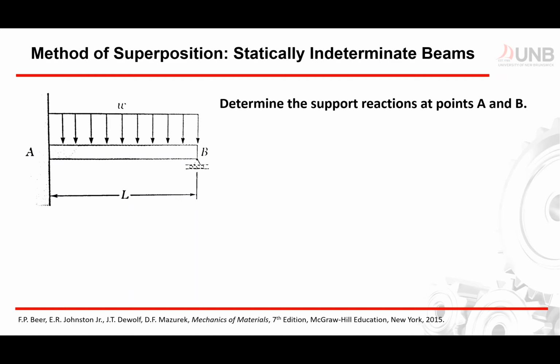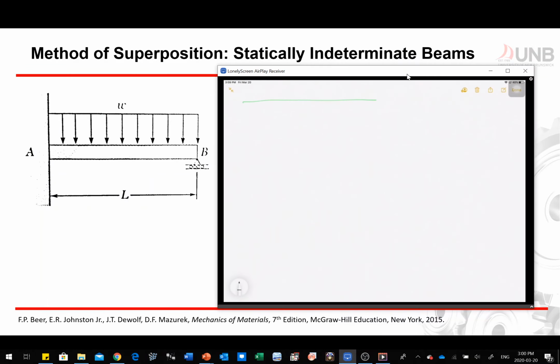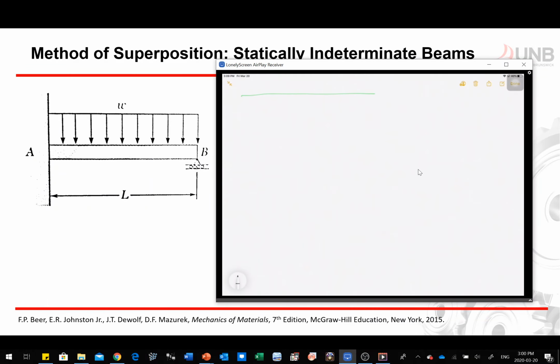Okay, let's go back to our board right here. So determine the support reactions at A and B. How can we solve this one? Let's say we have a cantilever beam. That's support reaction B. We have a roller here.